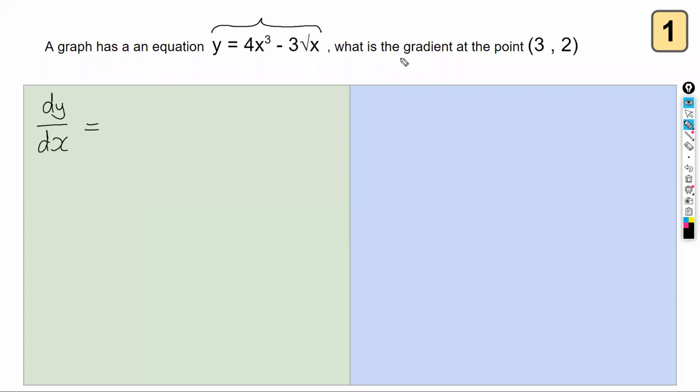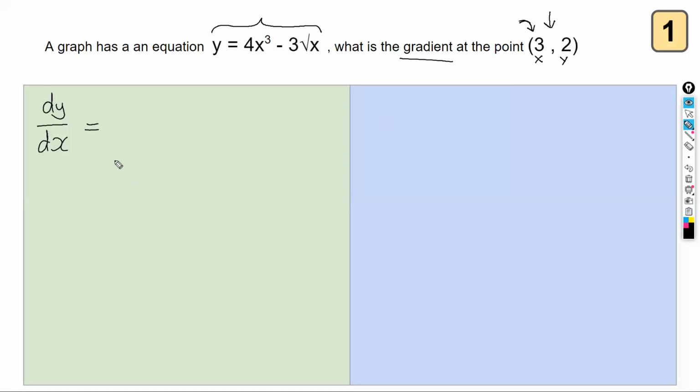And they want you to find the gradient at a particular point. This is the x coordinate and this is the y coordinate. All you need to do is differentiate this expression and replace the letter x with 3. That's all you have to do, because you want to find the gradient when the x value is 3.